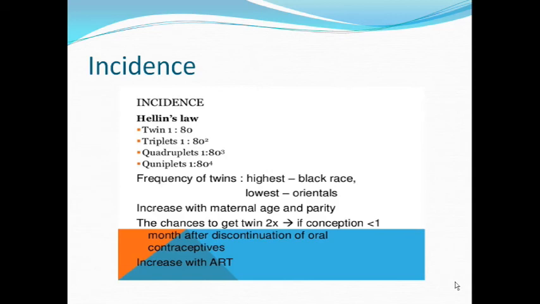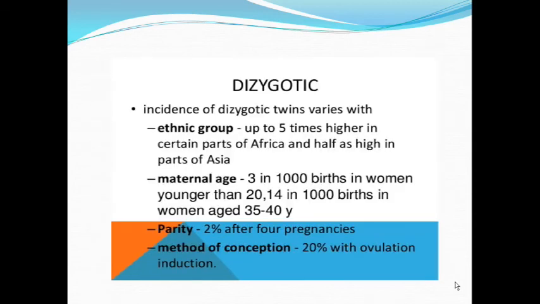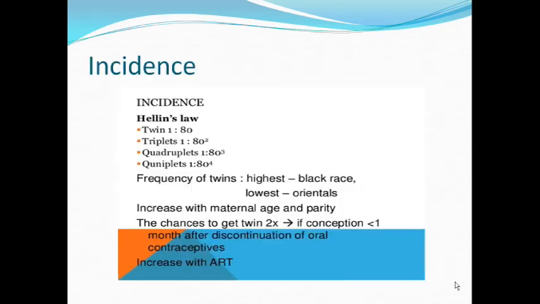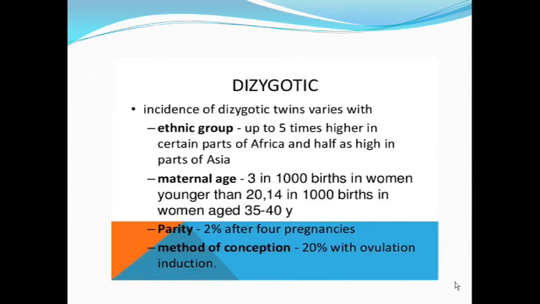It also increases after artificial reproductive technique, IVF. Incidence is constant for monozygotic twins, but for dizygotic twins it can vary with ethnic group, maternal age, parity, and method of conception. With ethnic group, it is up to 5 times higher in Africa and half as high in parts of Asia.